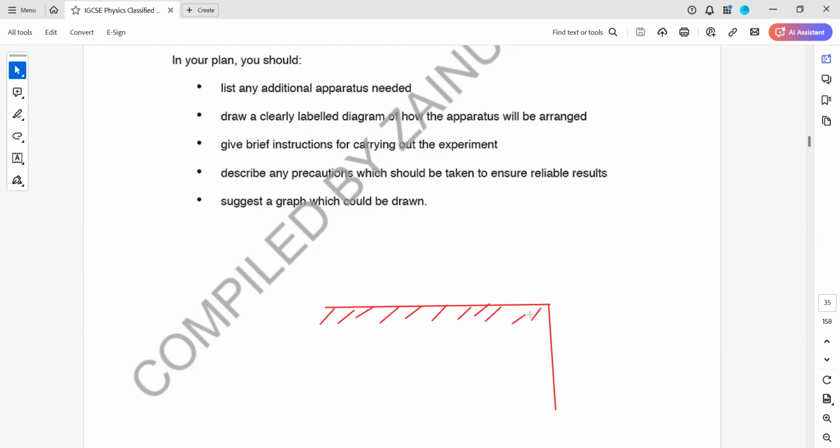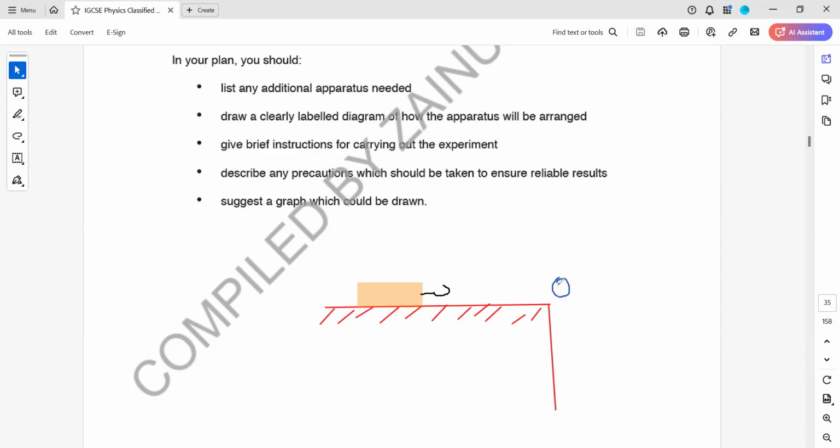so this is representing a bench, a mass is there, means the wooden block is there with the hook. So this is a wooden block with a hook, and there is a pulley placed, as I mentioned, at the edge.